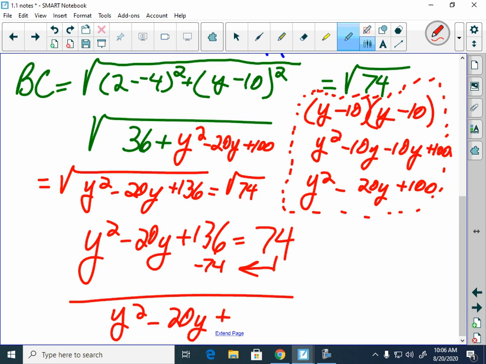So that's 62 equals 0. And then, which I don't think you're going to have to do, I would have to use the quadratic formula. This is awesome.